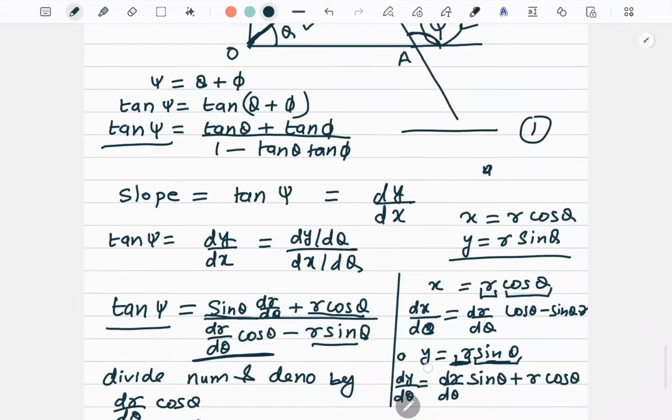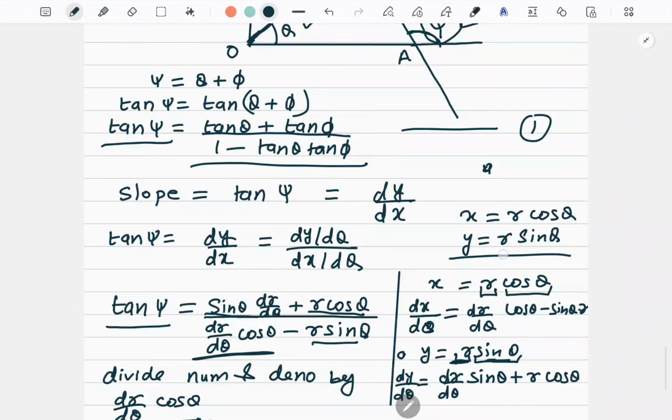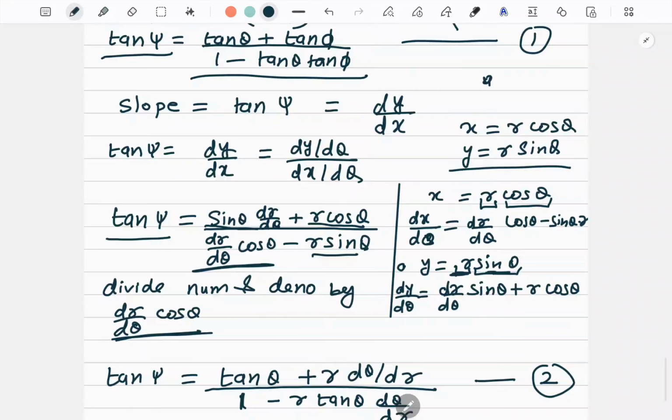Now compare equation number 1 and equation number 2. The first term here is tan theta, and the first term here is tan theta. Now the second term here is tan phi. What is the second term here? r d theta by dr. If you look at the denominator, here it is 1, here it is 1. To bring this 1, I picked up this term and divided numerator and denominator by this term. Then tan theta is there, tan theta is here also.